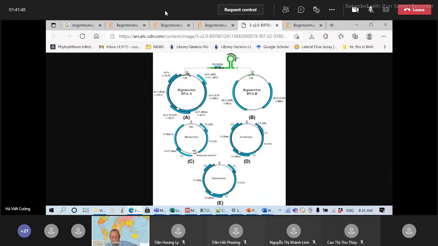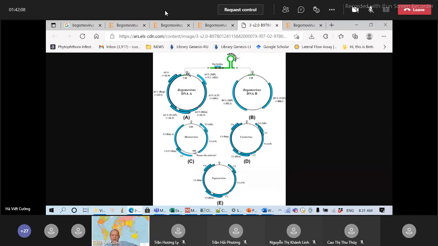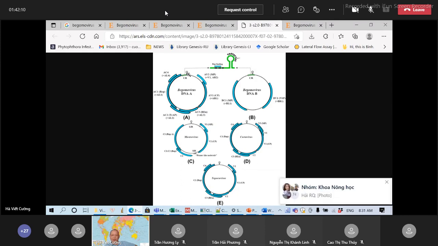In many aspects, the begomoviruses are very similar to the plasmids. And now science accepts that the origin of begomovirus is from what?